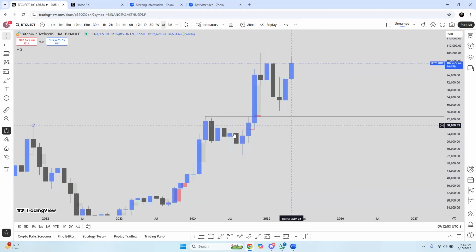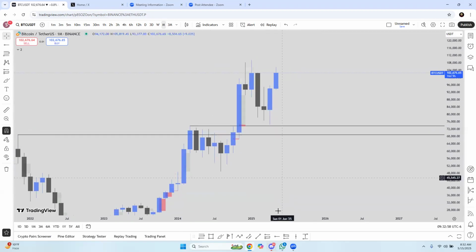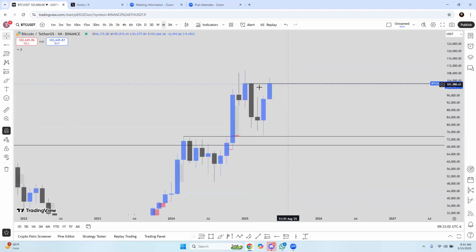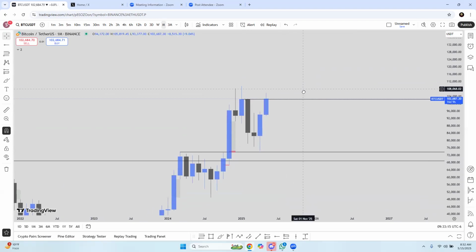So on monthly we had these two levels, below and above. We had this monthly resistance which is playing out right now, and you are looking at the market going down. So that's the reason this level is your resistance. Once we flip it, closing above with weekly candles, then we will be good.